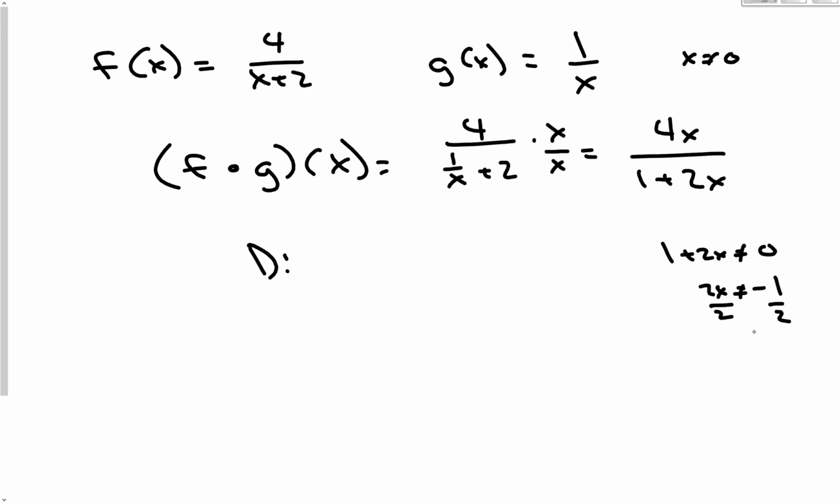And divide out the 2, that's x cannot be negative 1/2, which again, if I plug negative 1/2 into here, that's not what I'm looking for, right? I want to plug it into here to give me a negative 2, and then the negative 2 plugs into f of x to make the f of x function undefined. So you can't send an undefined number from g to f, and then you can't have the answer from g plug into f and give you something that's undefined.